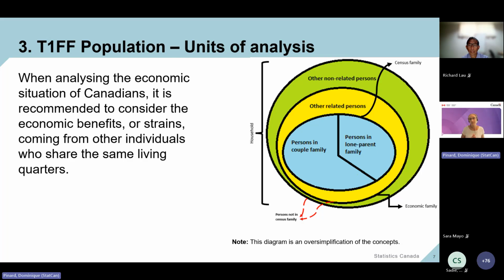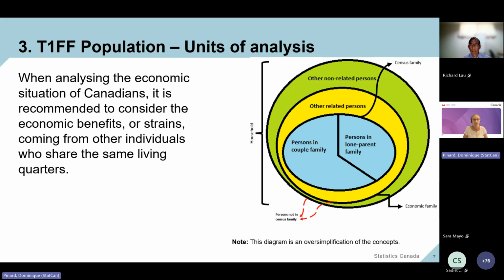So a census family does not take into account other related or non-related persons living in their dwelling. On TIF, census family is the largest unit of analysis available. In other words, multi-generational households are not identified on TIF, and unrelated single roommates would be considered persons not in census family.